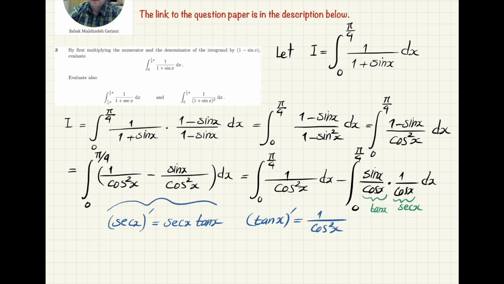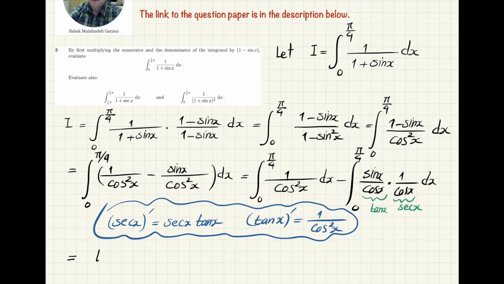So by recalling these formulas, the first integral can be written as just tangent of x from 0 to pi over 4. What I have written here is the answer to the first integral, and then I write minus secant of x from 0 to pi over 4.